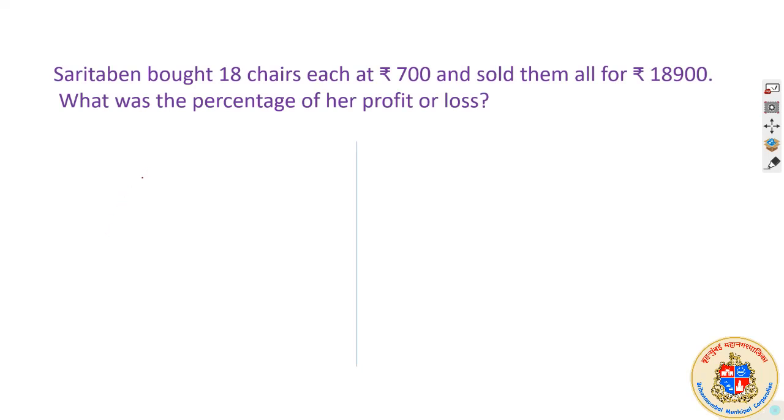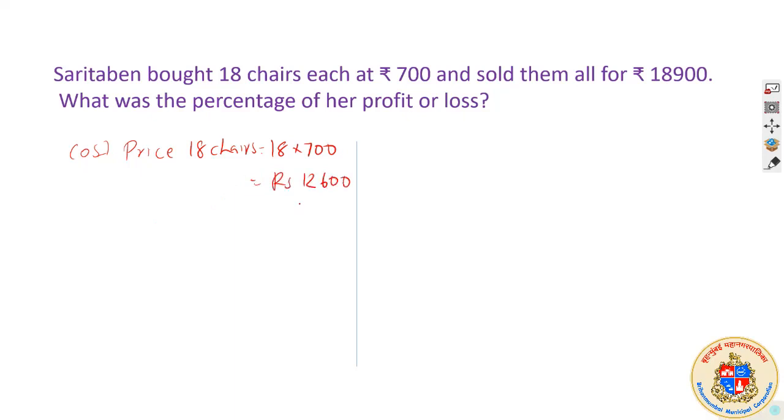She bought 18 chairs each at rupees 700. So we need to find out the cost price of 18 chairs. We can find it by 18 into 700, because each chair cost 700 rupees, and it happens to be rupees 12,600.